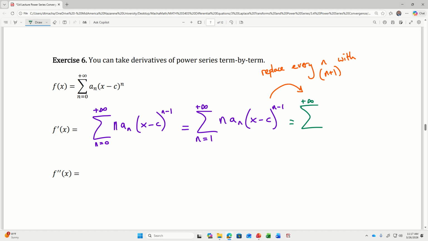So where I wrote n equals 1, I need to replace this with n plus 1 equals 1, right? Go ahead and do that really quick. I'm going to change my color to orange.